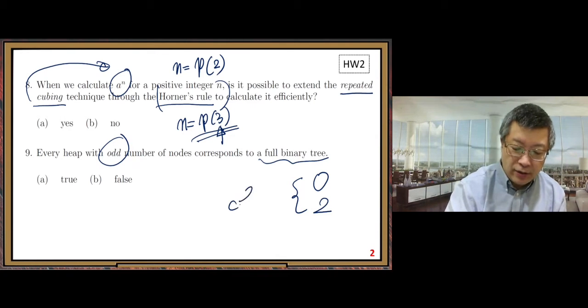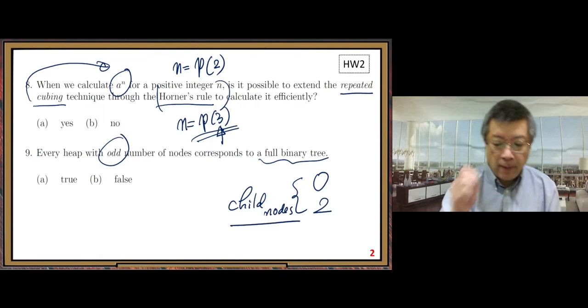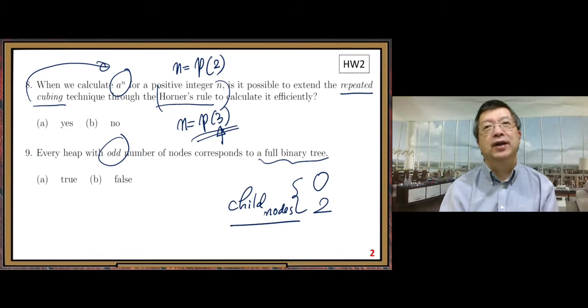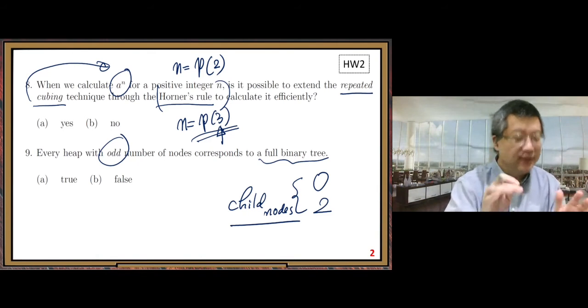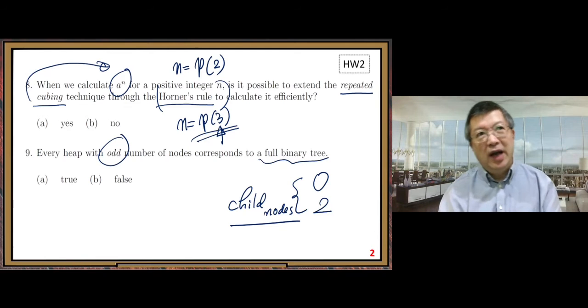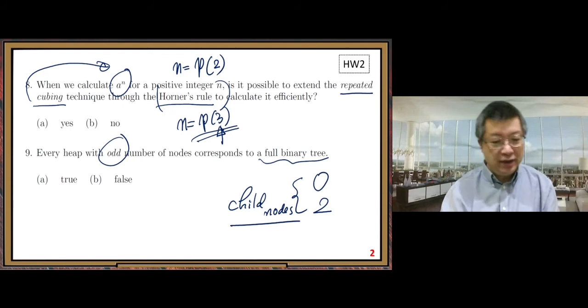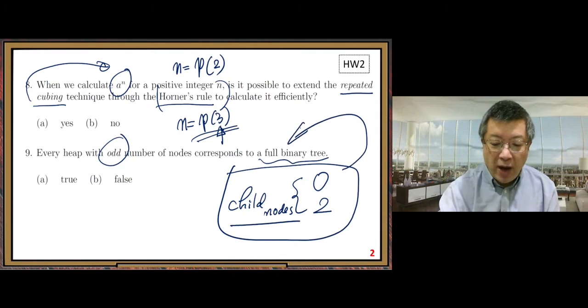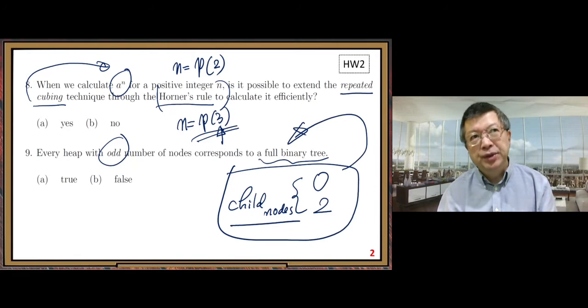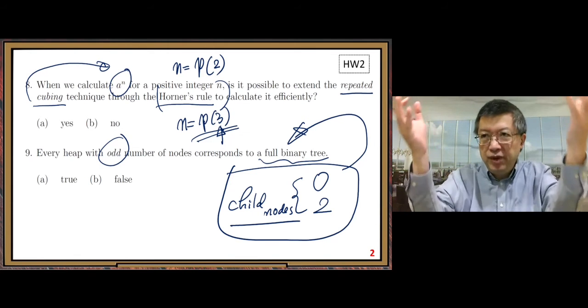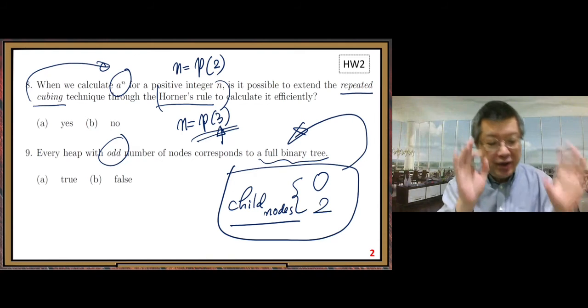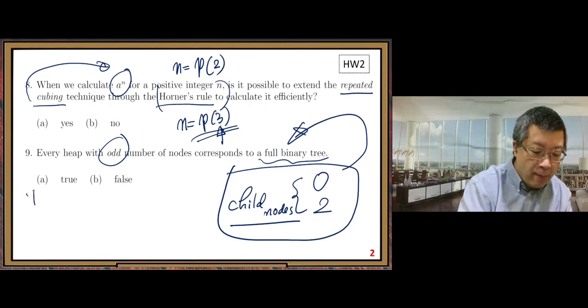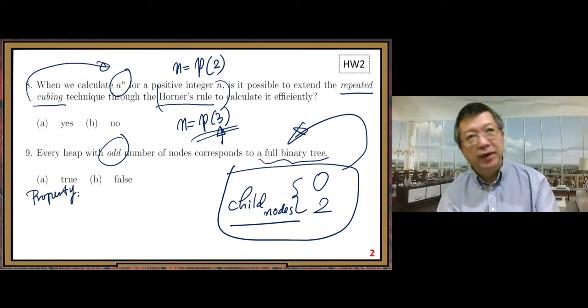So look at the child nodes, 0 or 2. Based on that, but also I like to mention the critical property. Because if you only have this, that's the definition of the full binary tree, so you may not be able to see the answer directly. So you need the most important property here. You can find it in our notes.